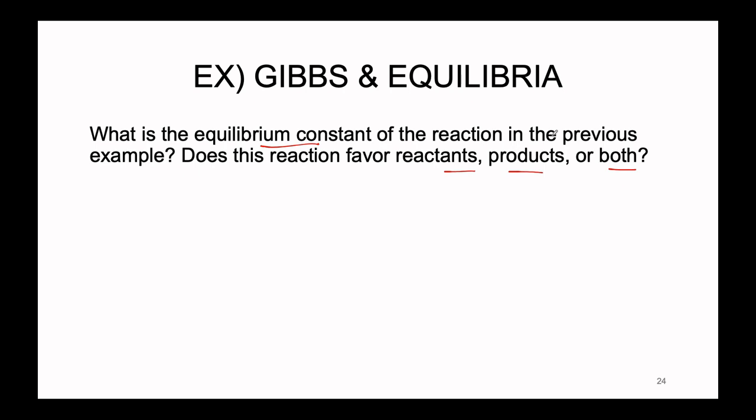What's really cool about the previous equation is that if delta G of your reaction, not delta G standard, but the delta G as it is calculated, is equal to 0, this means that you are at equilibrium.